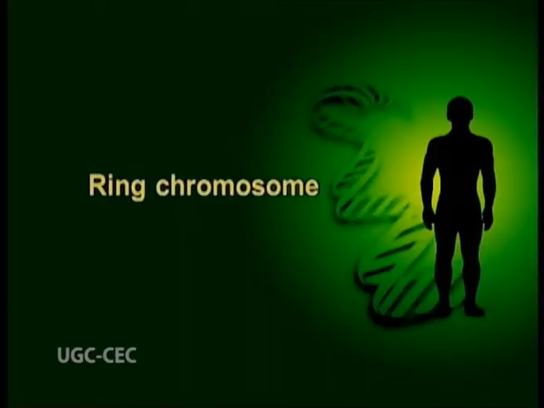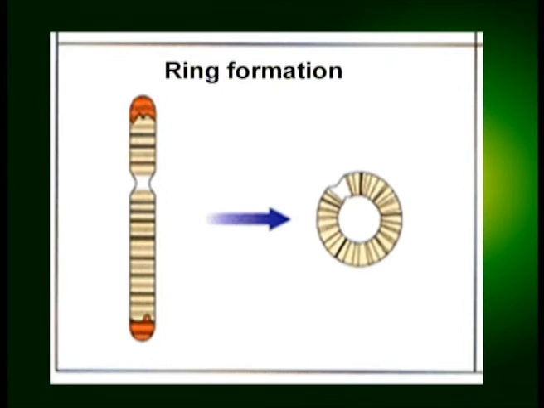The ring chromosome, where a single chromosome rejoins after breaking its telomeric region and becomes circular in nature. So, that is what is called a ring chromosome.